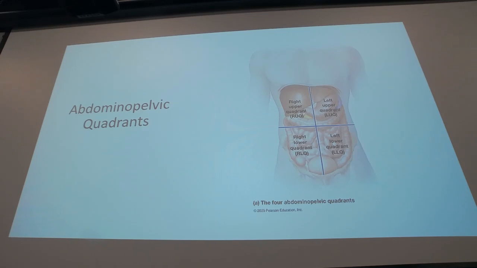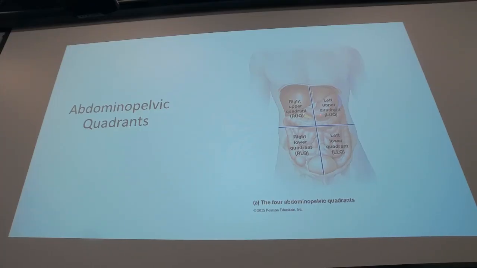So with this, we form 4 quadrants, or major regions, which are called abdominopelvic quadrants, because it subdivides the abdominal cavity and the pelvic cavity. And it is dividing it into 4 major quadrants.